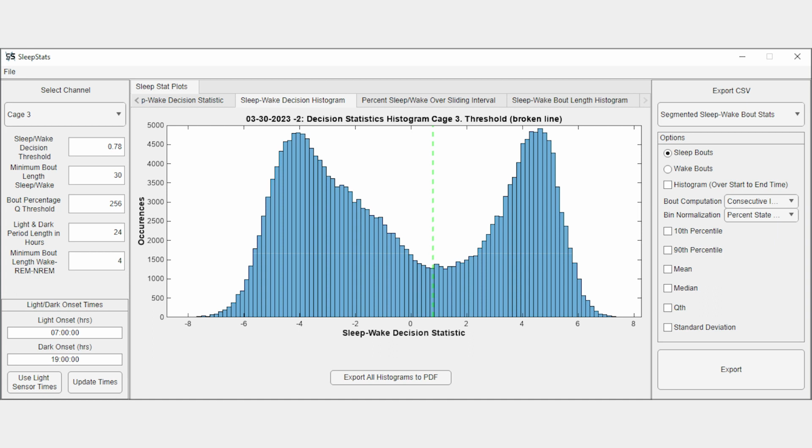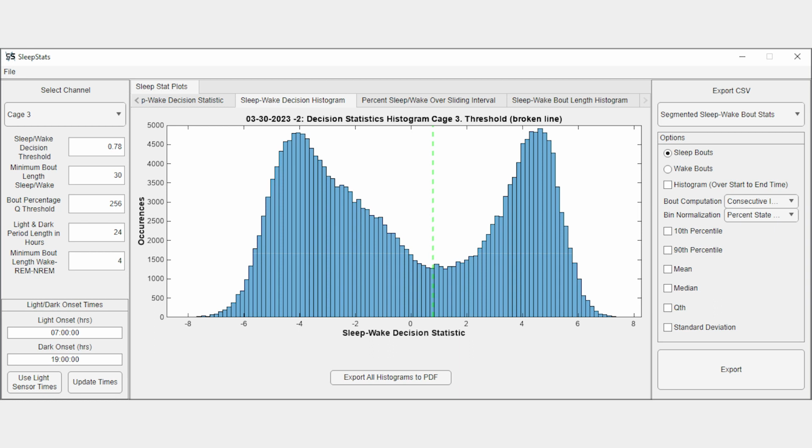For a typical recording greater than 24 hours, clustering to either side of 0 suggests reliable results. However, for more varied behavior during the wake activity, the histogram may not show a sharp peak for wake, or a broader peak depending on the variety of activity. In some cases, there may even be multiple modes either due to external room/cage vibrations or animal behavior.